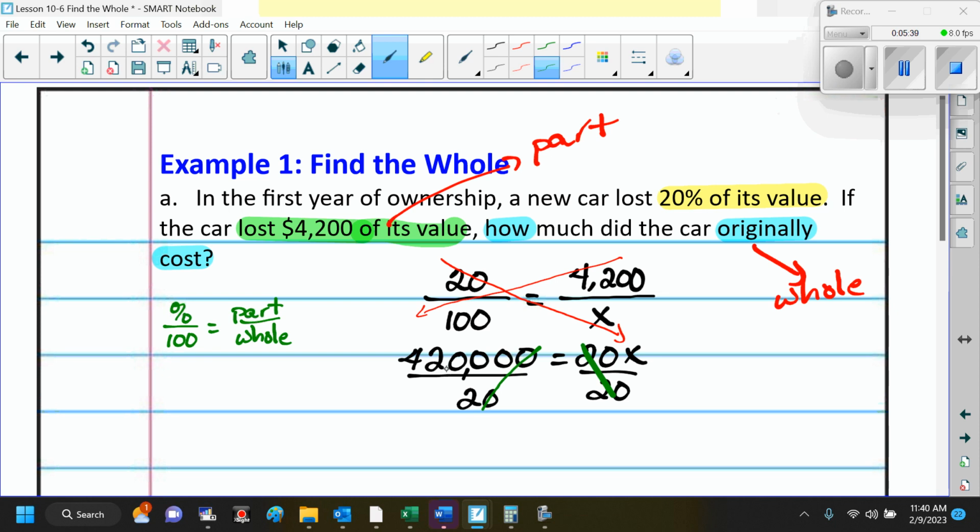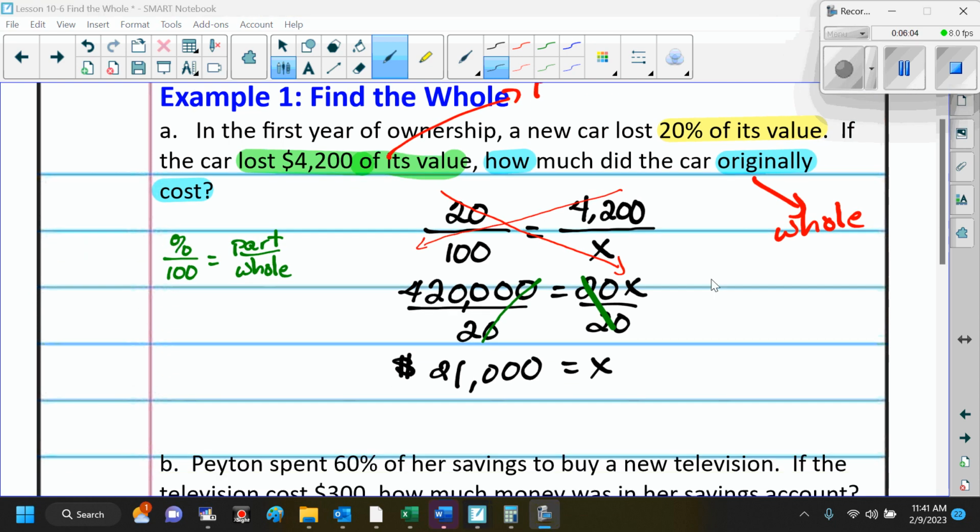And now we can divide by 2. What's that going to give me? 21,000. 21,000 equals x. 21,000 what? Dollars. Very good. So $21,000 was the original cost of the car.